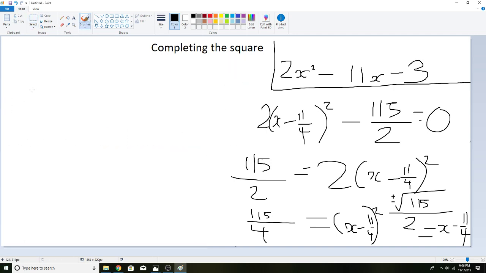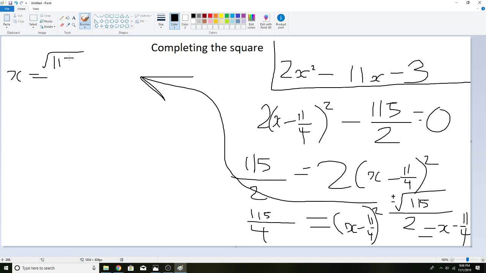So this is continuing from here. For the first x, we'll do this. This is a positive root 115 divided by 2, minus 11 over 4. So we stick that in the calculator.